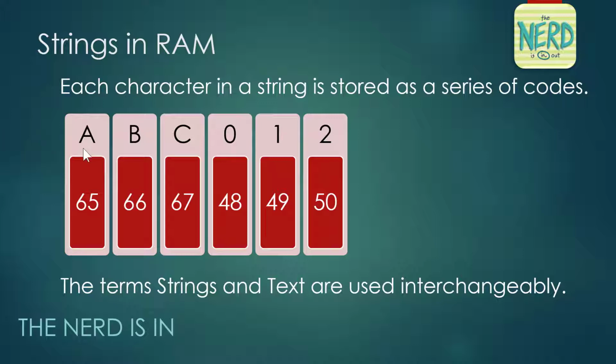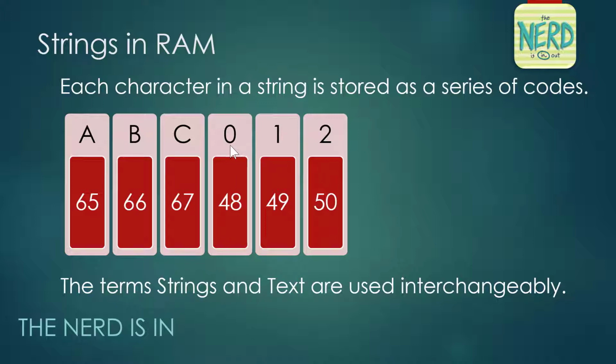But for instance, in ASCII, the American Standard Code for Information Interchange, the letter A is stored as the number 65 in memory, because RAM can only store numbers. The letter B is a 66, the letter C is a 67, and so on and so forth. Lowercase letters all get different codes.